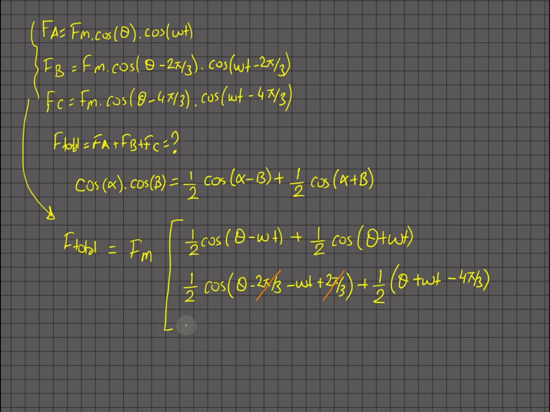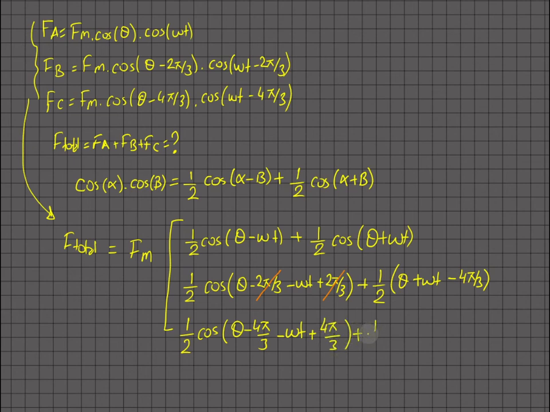Anyway, let's write the last term: 1/2 cosine theta minus 4 pi over 3 minus omega t, and minus minus becomes positive 4 pi over 3.